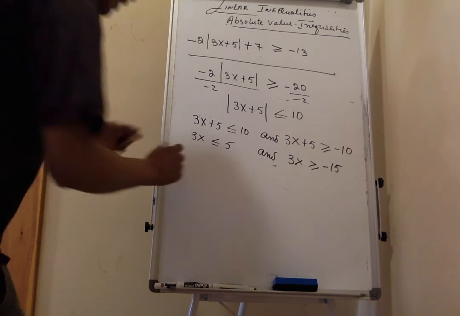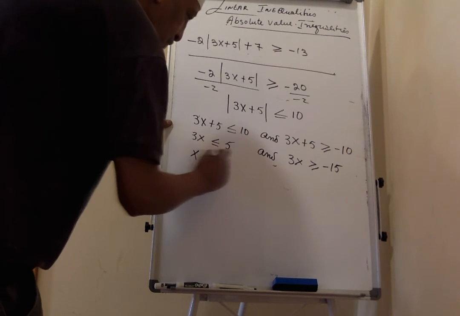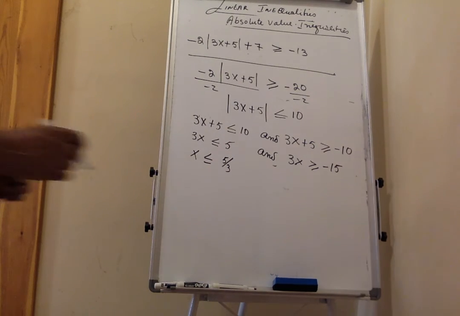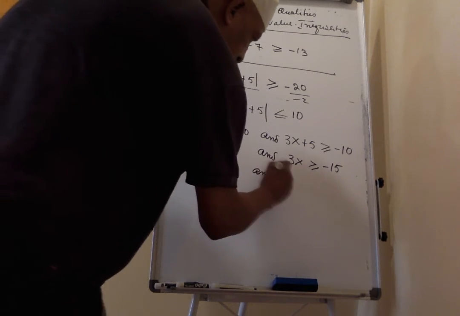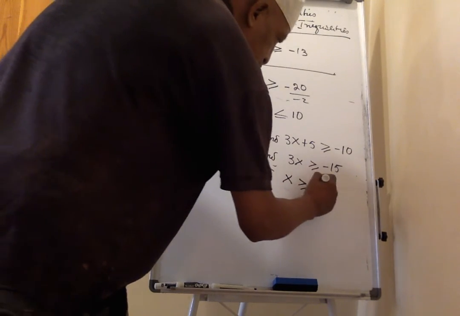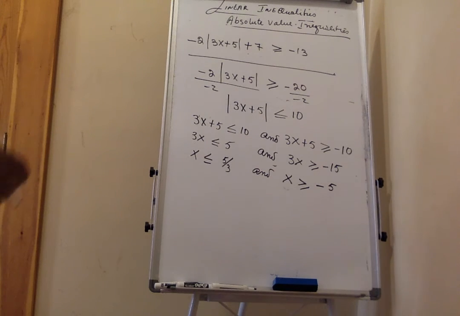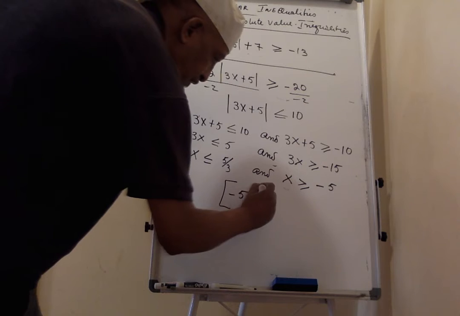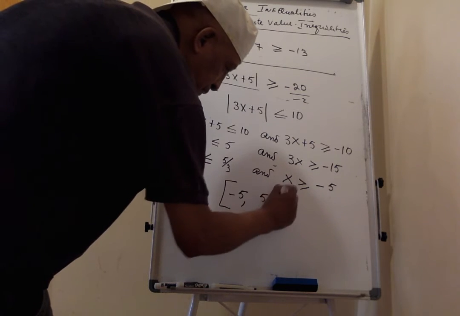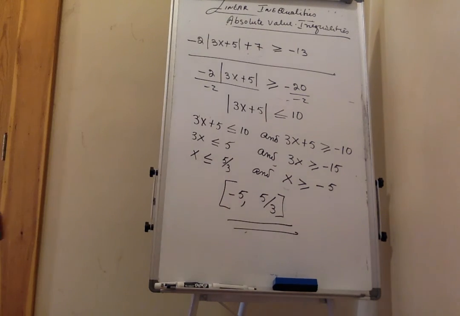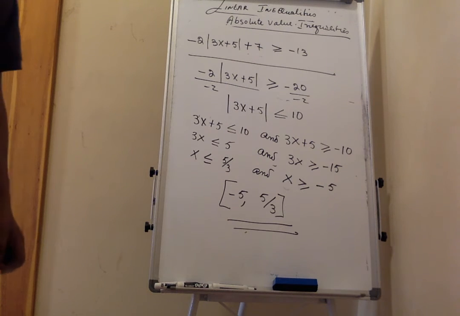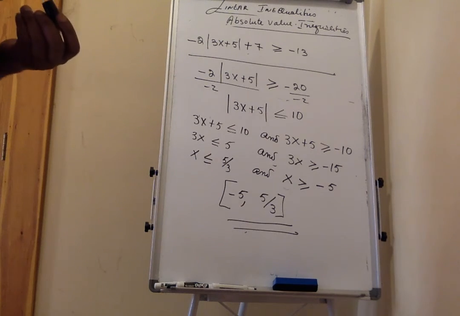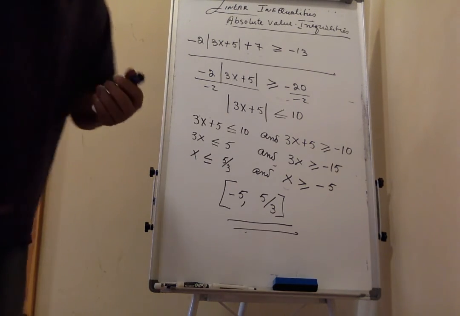Then x is less than or equal to 5 over 3, and x is greater than or equal to negative 5 if you divide both sides. So you end up with what? The values of x that satisfy this absolute value inequality are between negative 5 and 5 over 3, and in this instance both negative 5 and 5 over 3 are part of the solution.